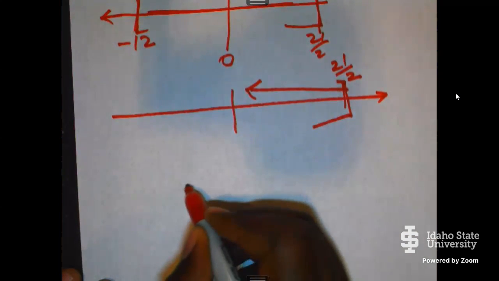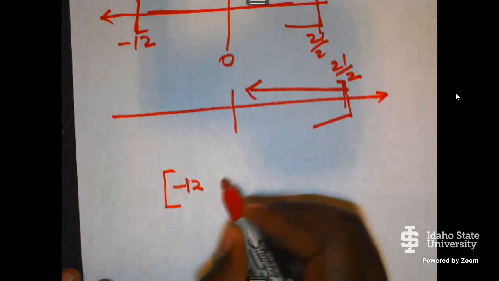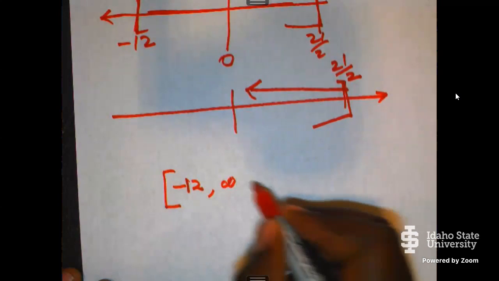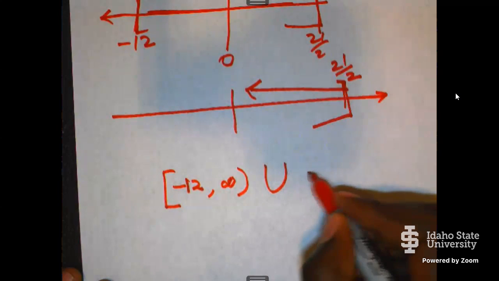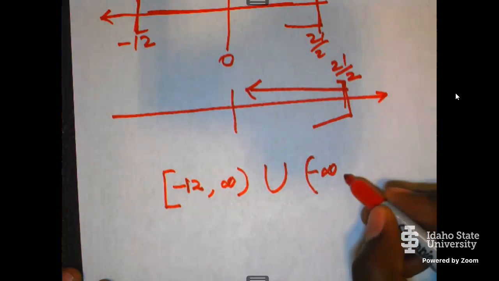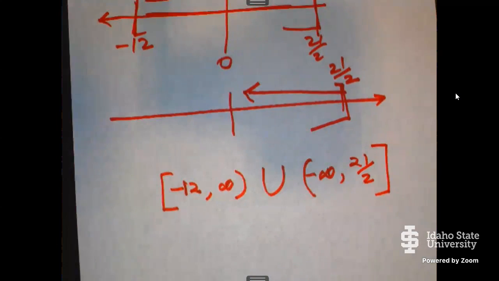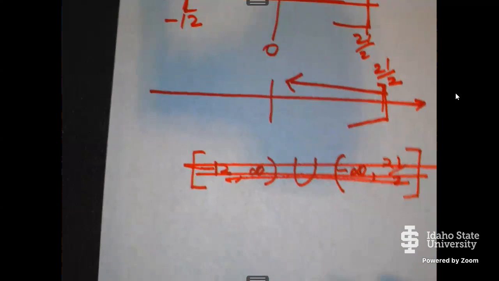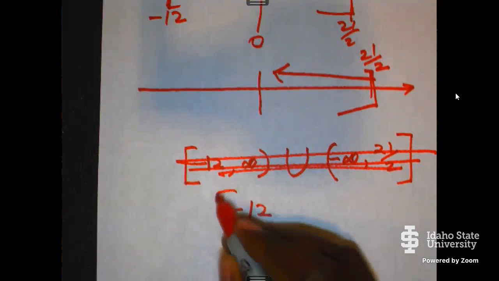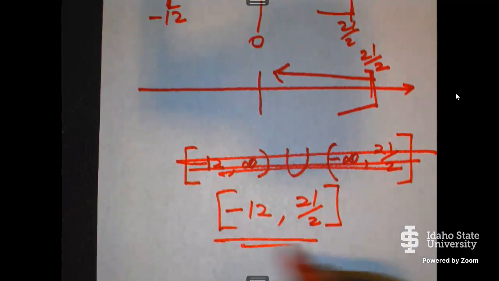So this is minus 12, like that, and then infinity here, and then union minus infinity, like that, and then 21 over 2. That's what you're trying to tell me. Oh, okay. All right, so our interval notation would be minus 12, and then what? 21 over 2.